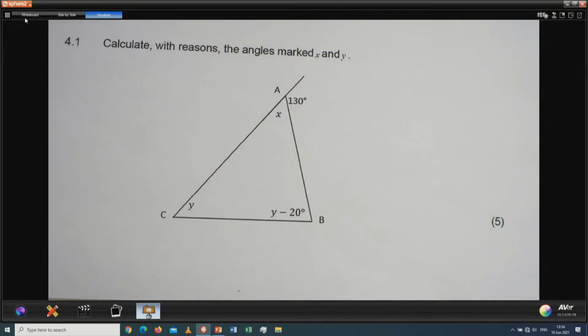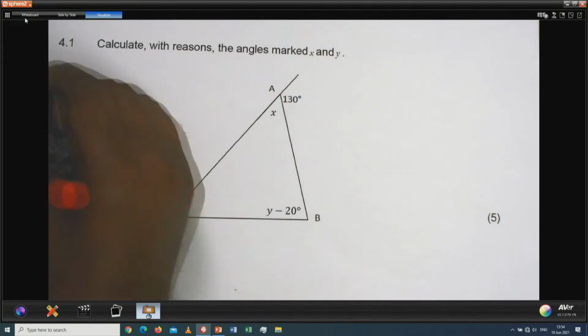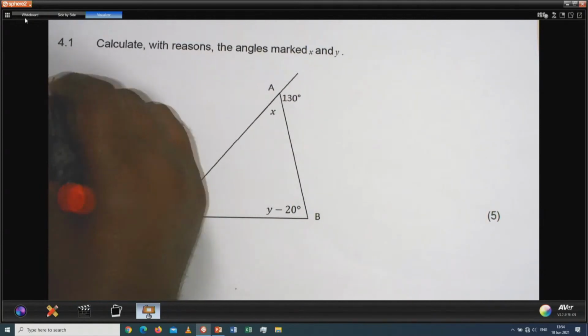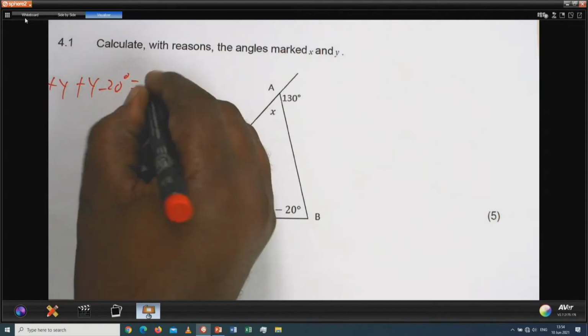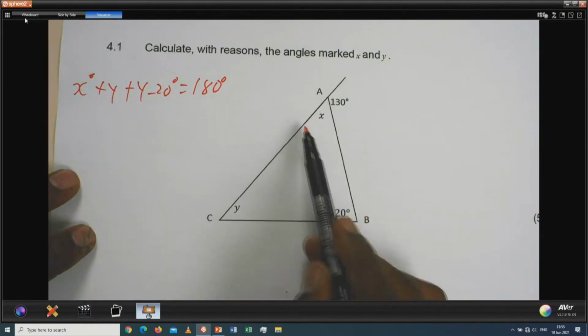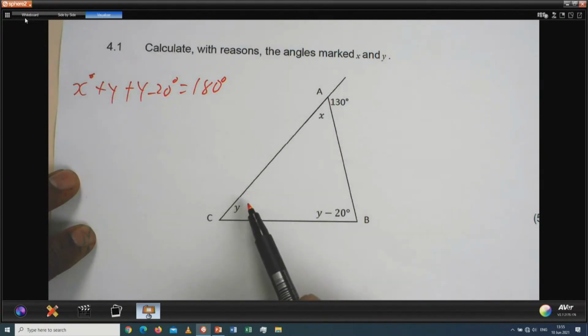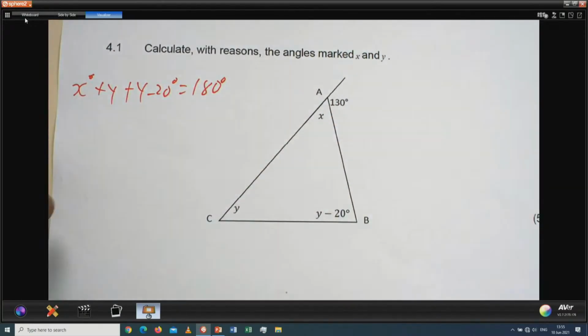So, it says to you, X plus Y minus 20 degrees is equals to 180. That you know perfect. X plus Y minus 20 is 180 degrees, angles in a triangle. That's a fact that you know, number one fact.